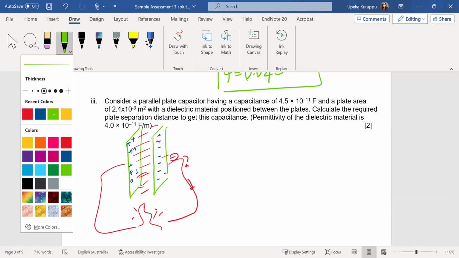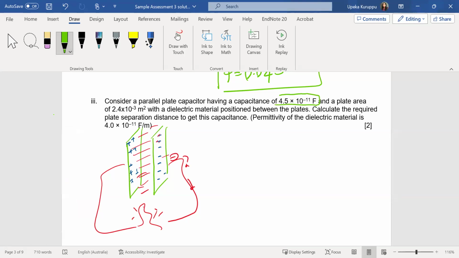You will learn more about charging and discharging of capacitors, inductors, and all that in electrical fundamentals, so we don't go to that extent. However, they are saying consider a parallel plate capacitor having a capacitance. Like resistance for resistors, we consider capacitance for capacitors, inductance for inductors. So this is the capacitance.